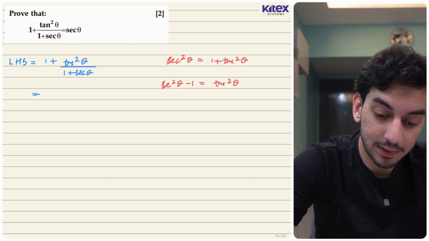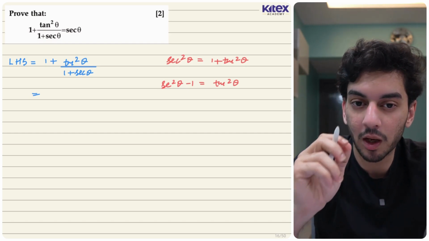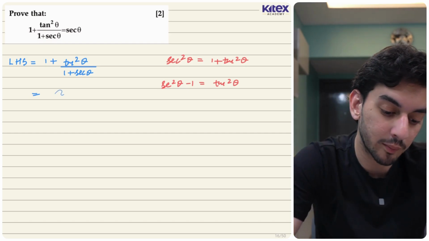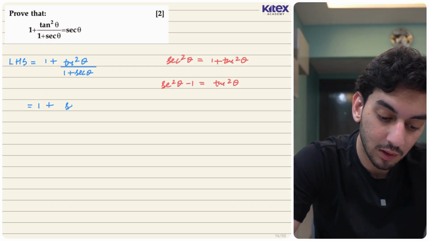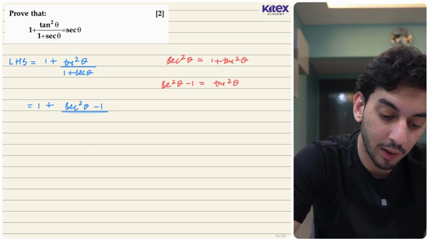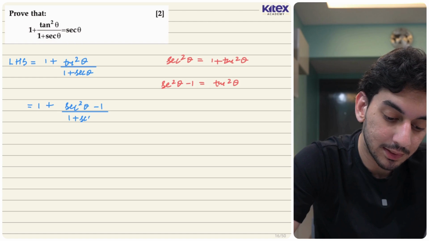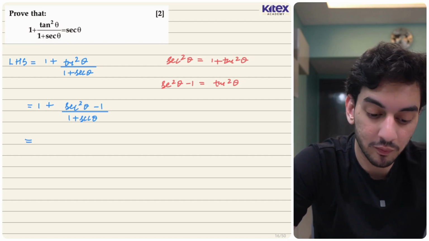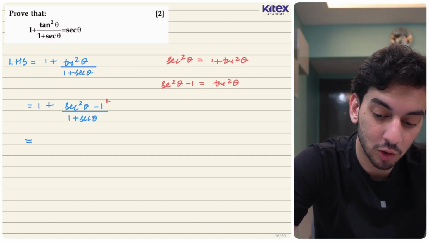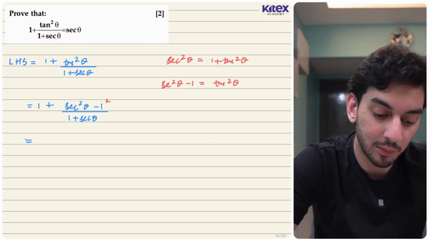Now I may replace the numerator, that is the tan square theta, with sec square theta minus 1. So this thing over here becomes 1 plus sec square theta minus 1, all of that divided by 1 plus sec theta. Now the numerator is factorizable, difference of squares. Obviously this is not 1, it is a 1 square. So a square minus b square is a plus b times a minus b.